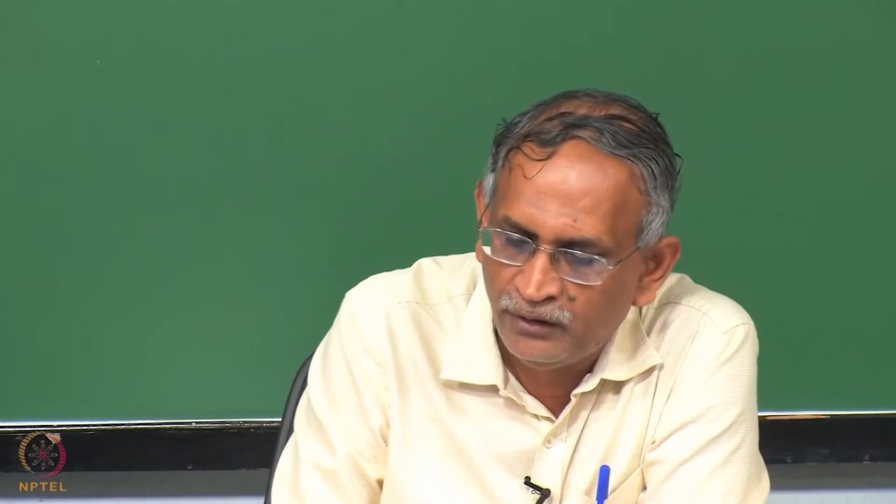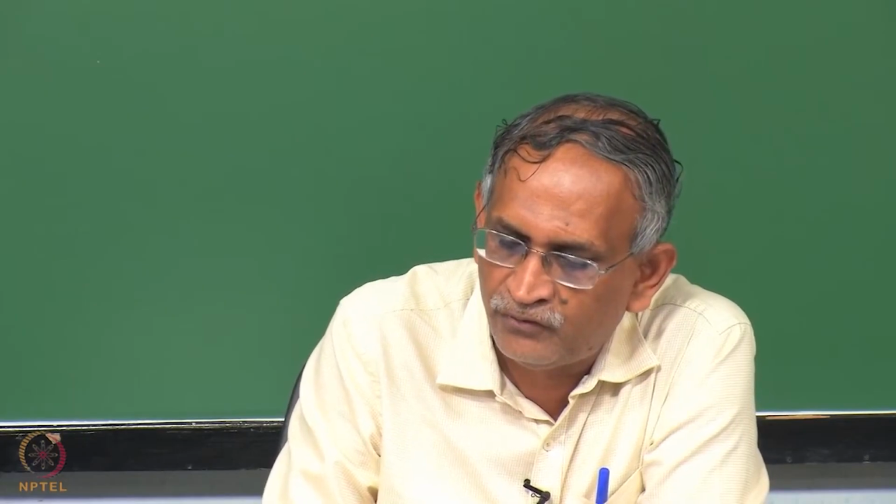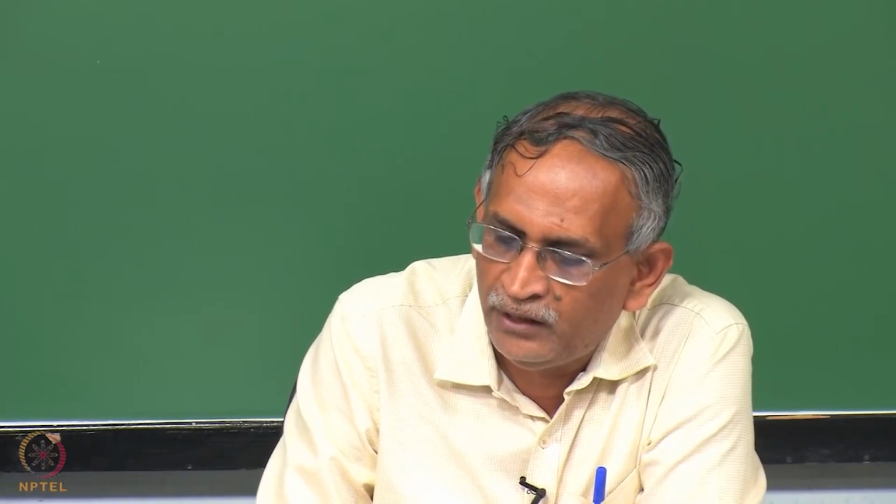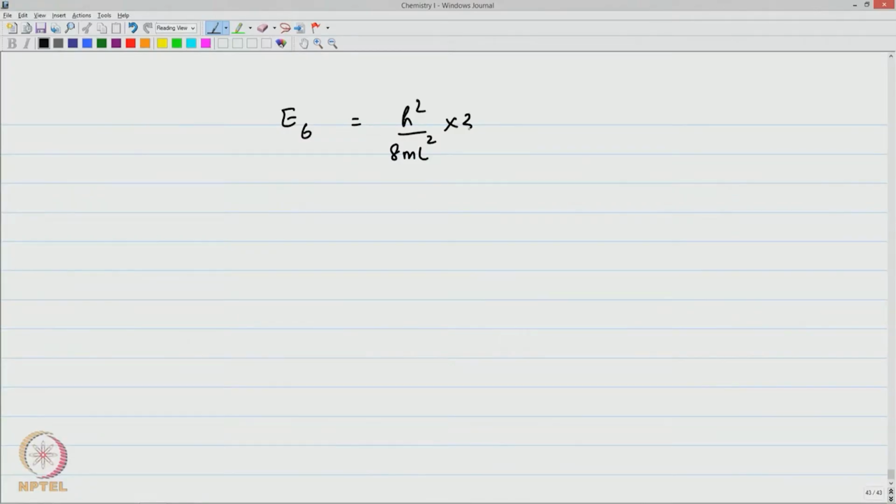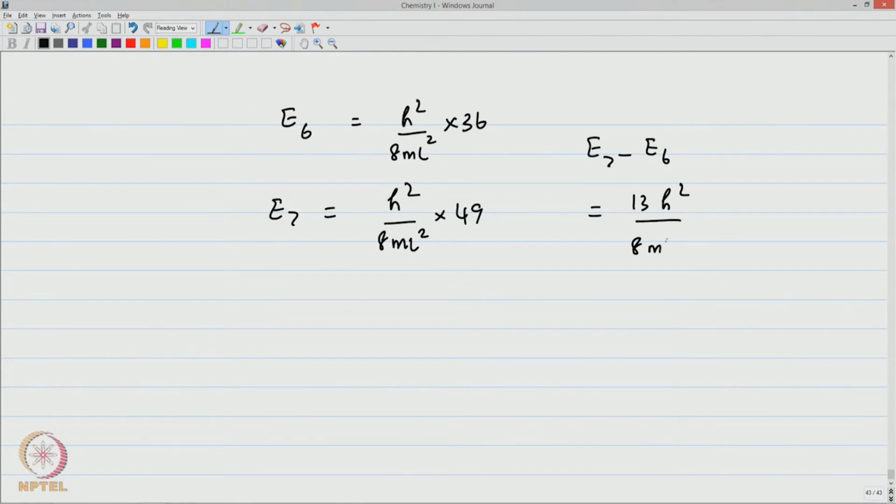It is very simple, because you know the energy level expression for the particle in a box. E6 is h squared by 8 m L squared into 36, and E7, which is unoccupied, is h squared by 8 m L squared into 49. Therefore, the difference between E7 and E6 is 13 h squared by 8 m L squared. m is the mass of the electron.